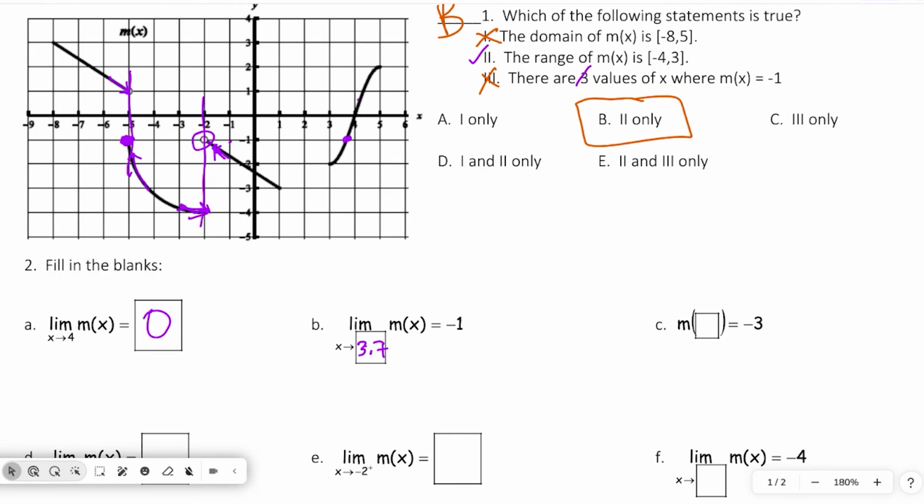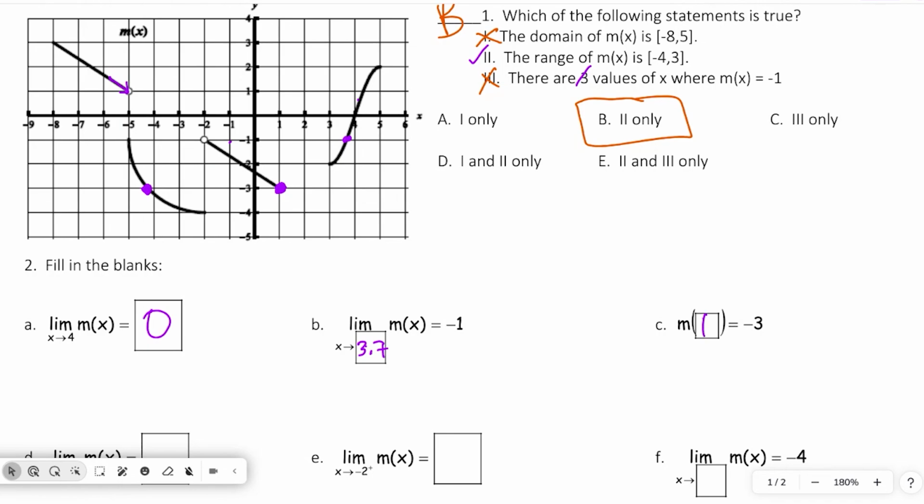Letter C says m of what is -3. So we want to know m of what is -3. And it looks like we may have two answers to this because the value of the function is -3 here, also over here. So we're definitely going to have to do some estimating here. One of the answers could be 1.